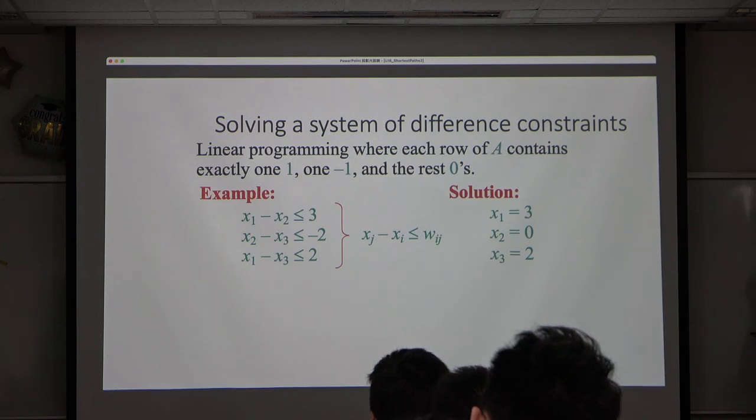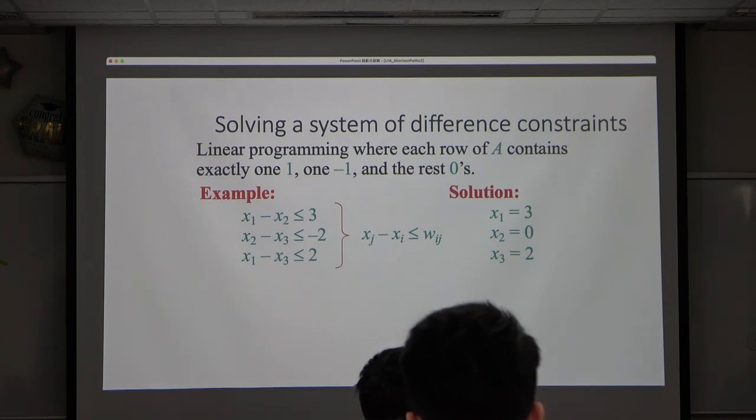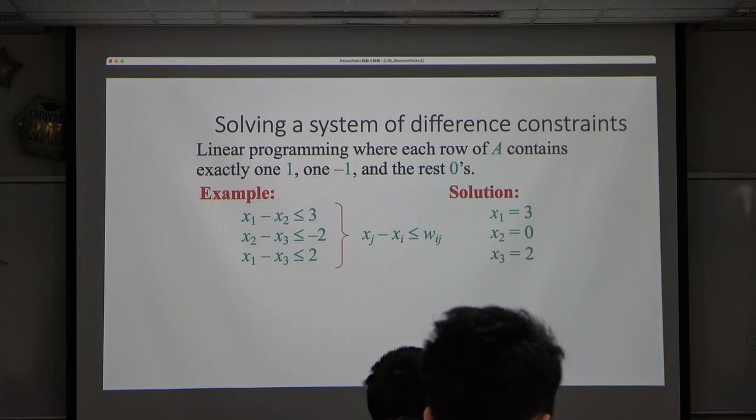And then we have a node S, with zero weight edges, right? So obviously there's no negative weight cycle here, right? So what is the shortest path weight from S to V1?